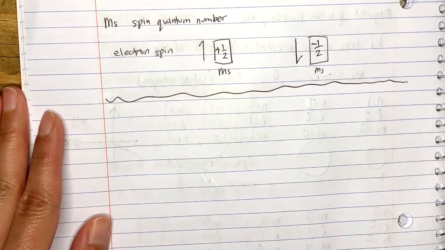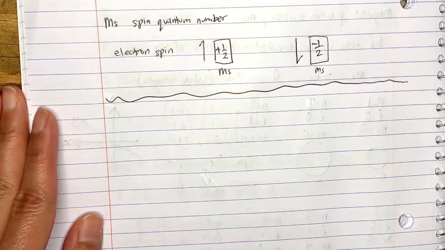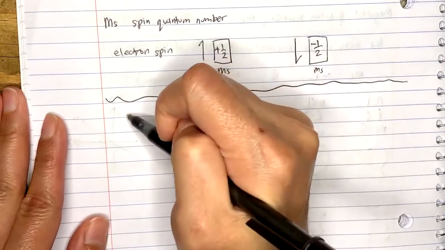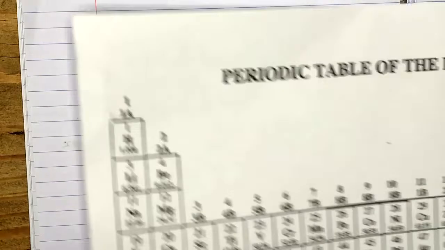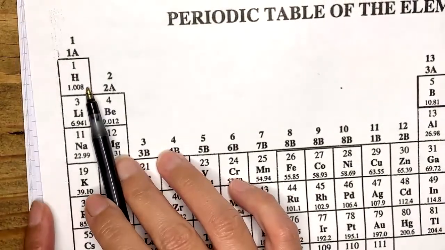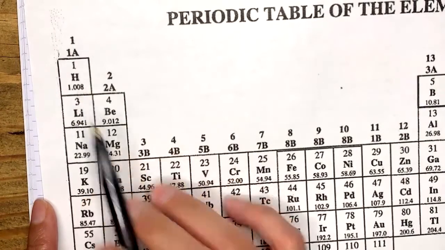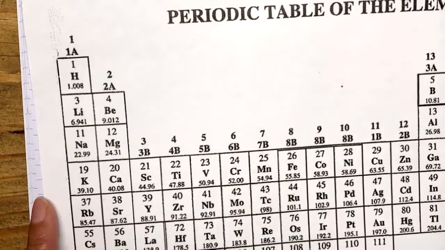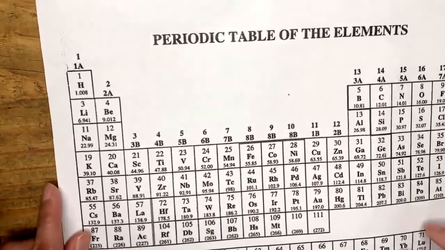So for example, we want to start talking about electron configurations. I'm sure you've heard of this. Hydrogen atom, what's the electron configuration? Here's my periodic table, and on hydrogen you start out with 1s, and this is 1s1, agreed? If we zoom out a little more, we can see the entire periodic table.